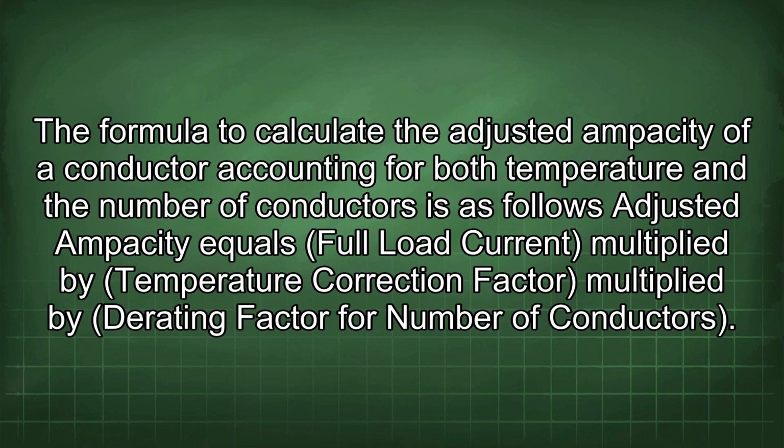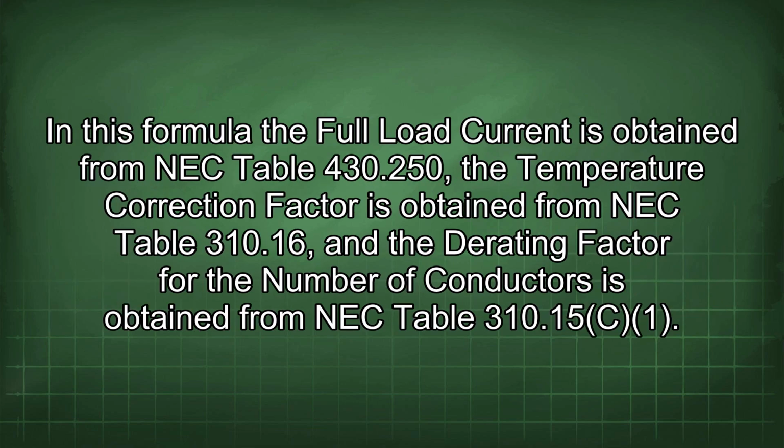The formula to calculate the adjusted ampacity of a conductor, accounting for both temperature and the number of conductors, is as follows: adjusted ampacity equals full load current multiplied by temperature correction factor multiplied by derating factor for number of conductors. In this formula, the full load current is obtained from NEC Table 430.250.